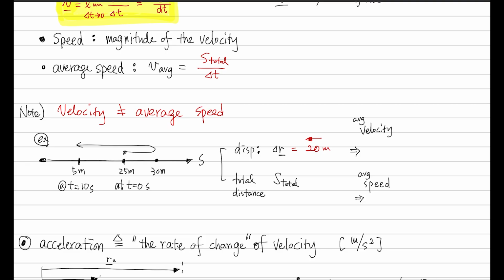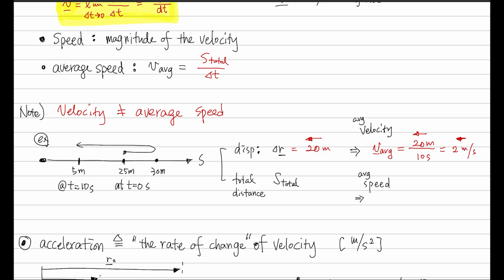Direction is important as well, because displacement is a vector. Okay? And so from here, if we find the average velocity, then it's going to be 20 meter going to the left, and it took 10 seconds, so it's going to be 2 meter per second, going to the left like that.